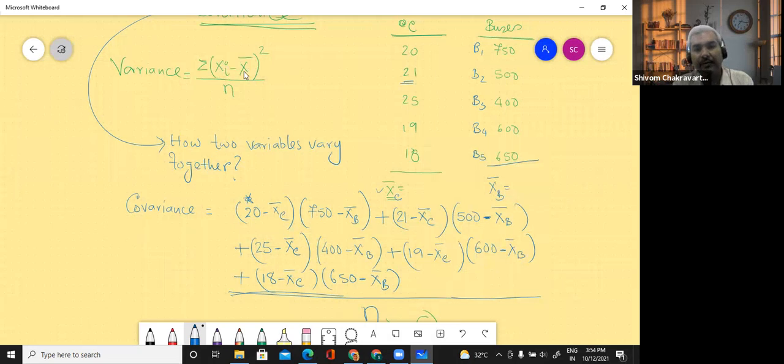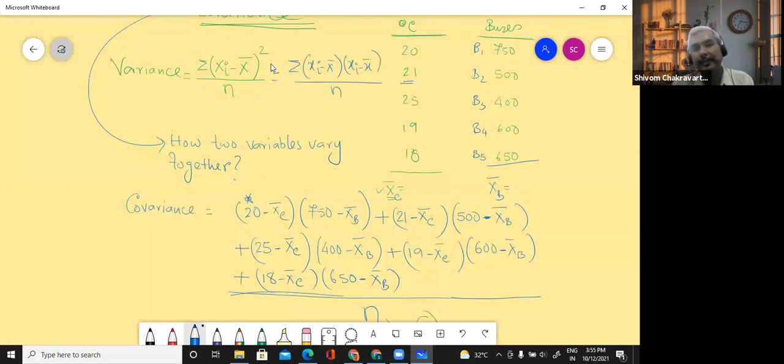When only one variable is there, we are taking the difference from the mean and squaring it. So another way of writing this would be the summation of (x_i minus x bar) multiplied by the same thing, squared, divided by n.